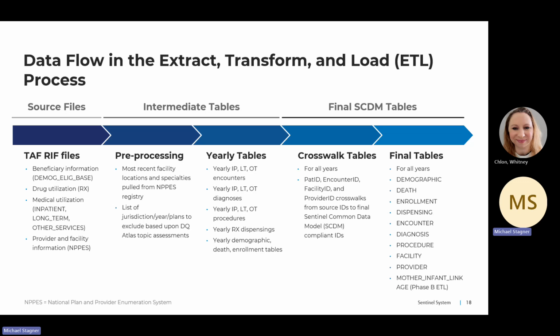Making crosswalks for all the different IDs in the tables across all years of the data, and then here's the list of final tables that we transform for the Medicaid data mart.